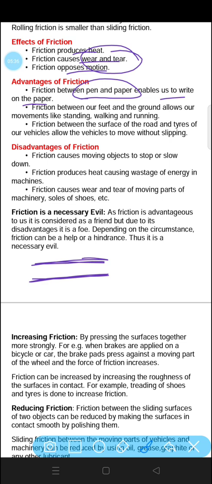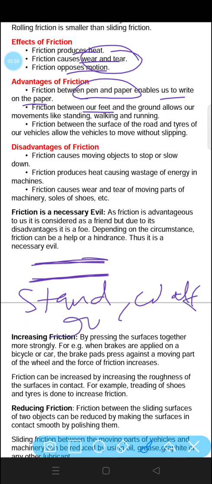Now advantages of friction. The pen and paper: we are able to write with the help of a pen on a paper because of the frictional force. Friction between our feet and the ground allows our movement like standing, walking and running. We are able to stand, walk or run due to the friction between our feet and the ground.